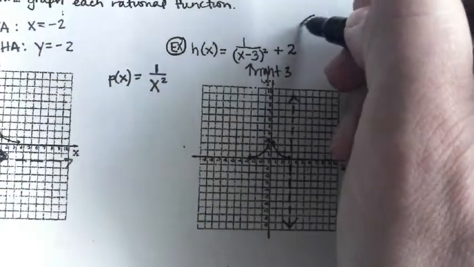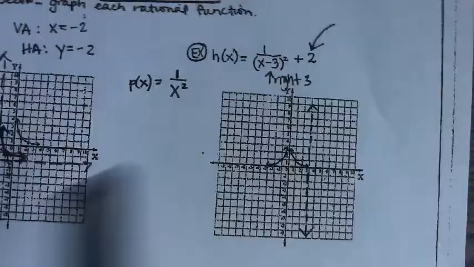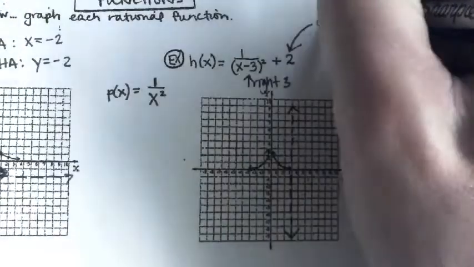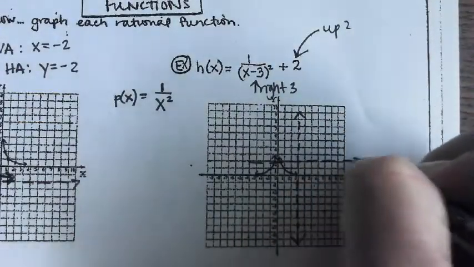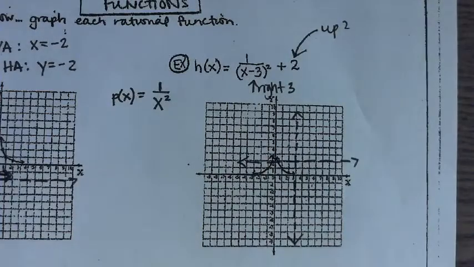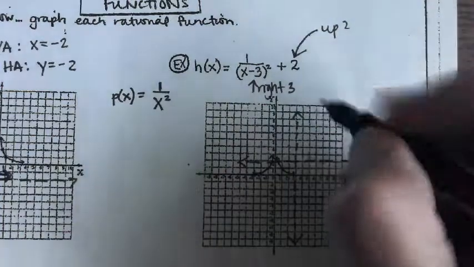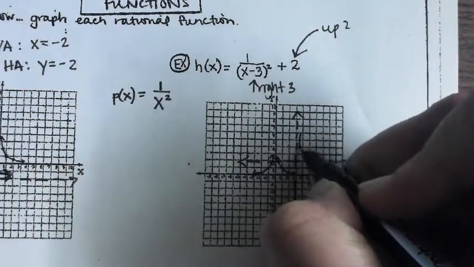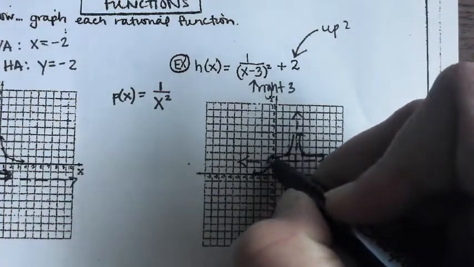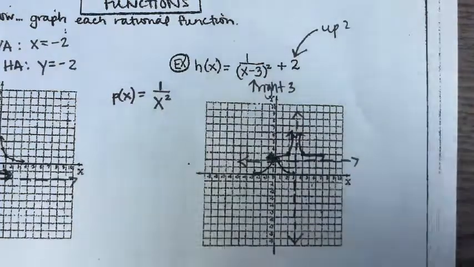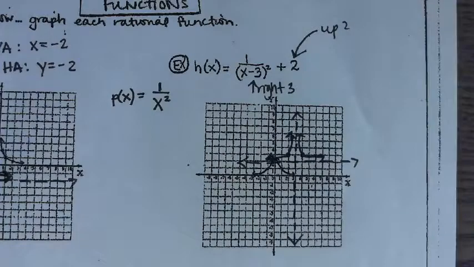And then, Jalen, what's this guy? Up 2, which is going to move our horizontal asymptote. And that's our quote-unquote new origin. And so we'll just sketch our parent graph: 1, 1 and negative 1, 1. Sketch your parent graph surrounding that new frame of reference.